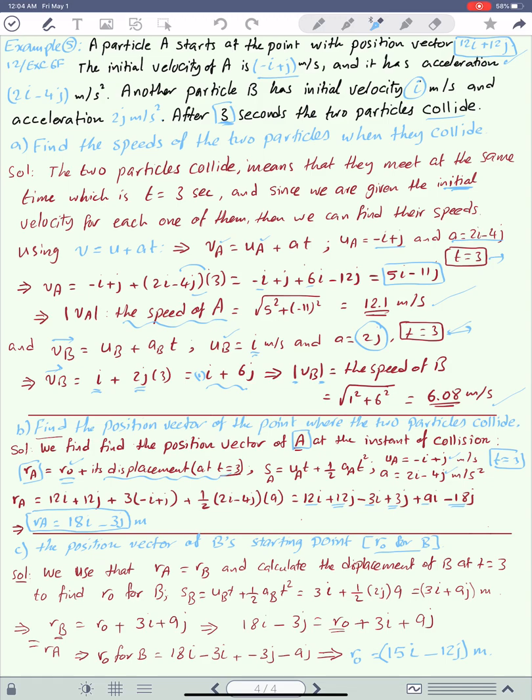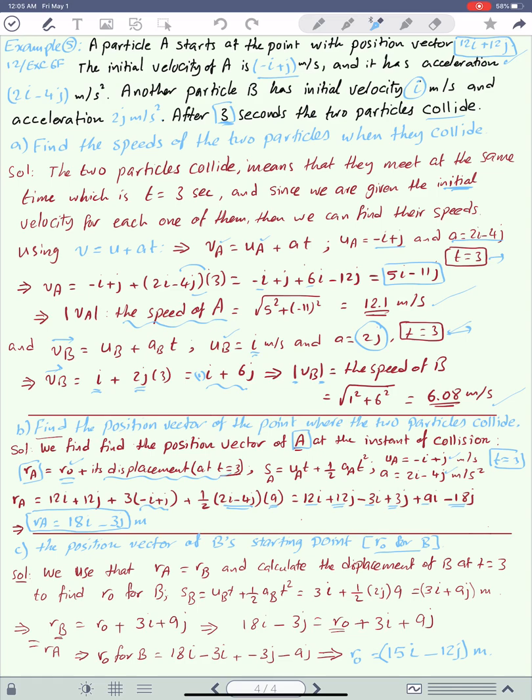So RA, the position vector when they collide at 3 seconds, is equal to what? R0, which is 12i plus 12j, plus U times t, which is (minus i plus j) times 3, plus half times a times 3 squared, which is 9. By expanding and simplifying, you will get 12i plus 3 times minus i, so minus 3i, plus 3j, plus 9i minus 18j.